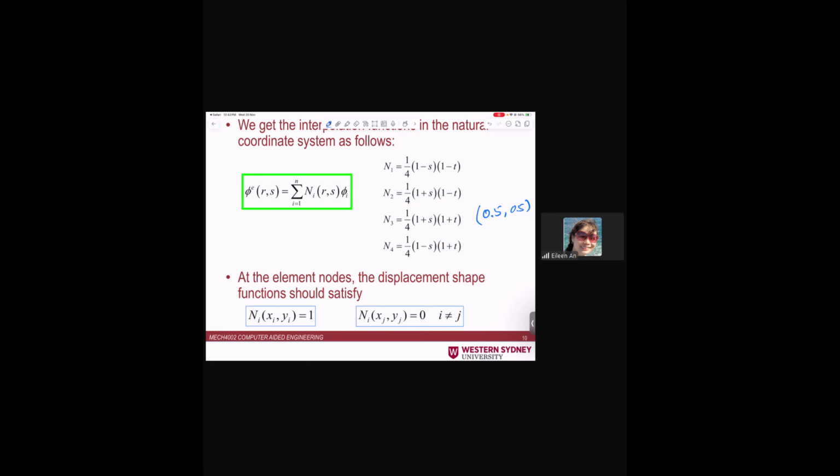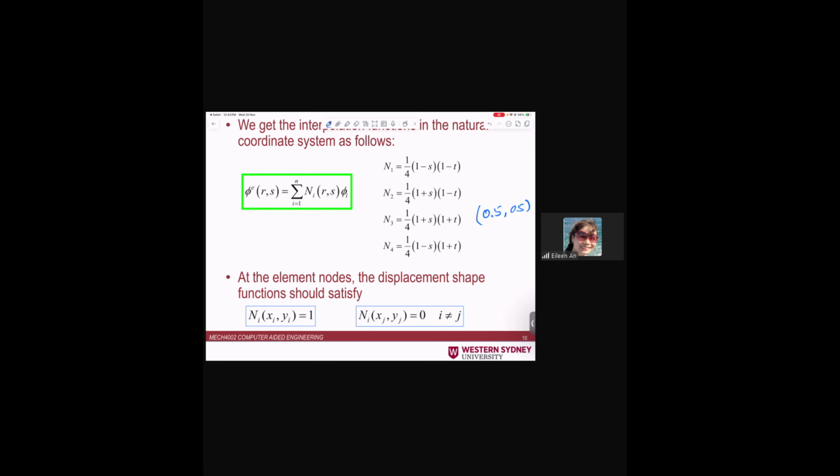You substitute 0.5 and 0.5 into those equations. You have N1, N2, N3, and N4 values, right? You sum them together, it must be 1. If not, you made some mistake. You have to check if you made some calculation incorrectly.